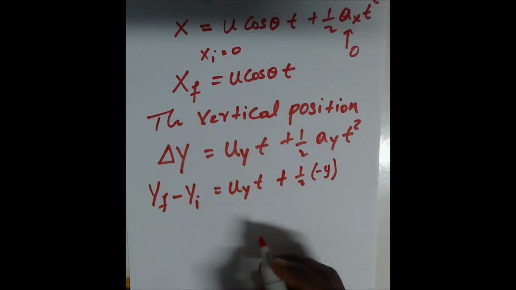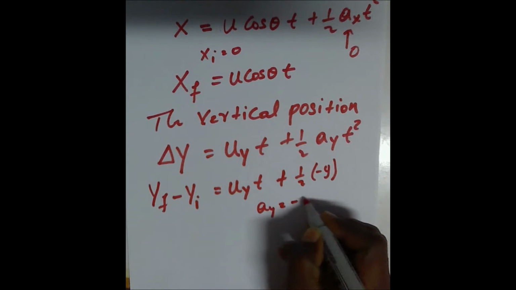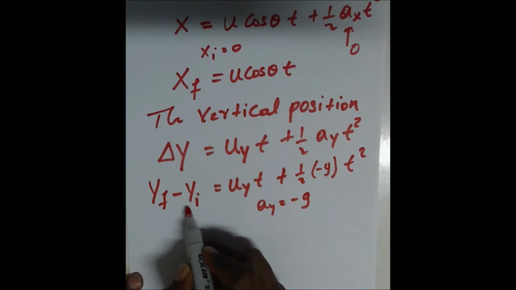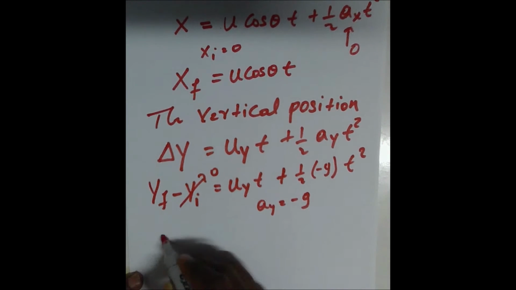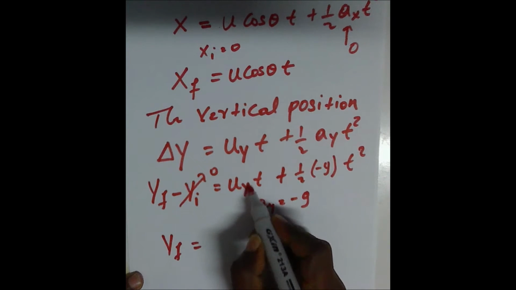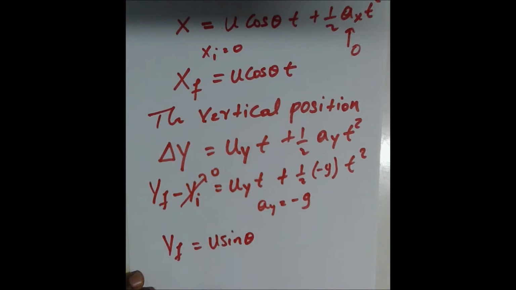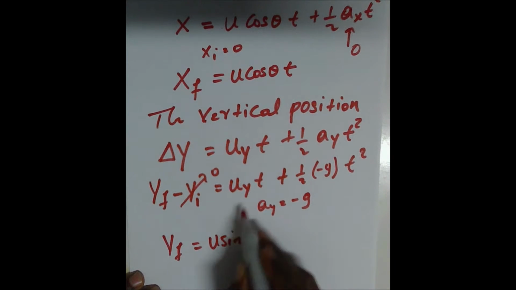You know that ay is equal to minus g, so it is represented by minus g, and y initial is equal to 0, so y final is equal to u multiplied by sine theta.